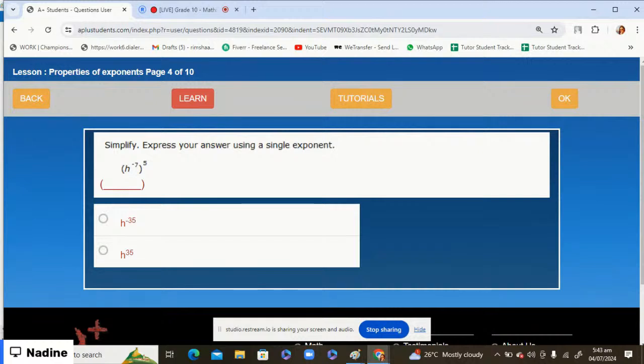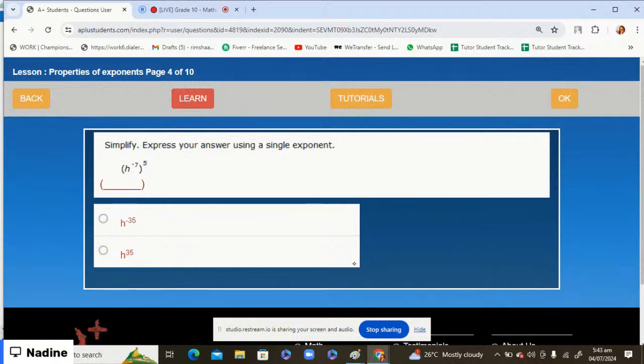Simplify and express your answer using a single exponent. These are all the same, just the power of a power rule. Multiply, but the only thing you need to focus on is this: if there are two negative signs, it becomes positive. But if there is only one negative sign and one positive sign, you write it as a negative sign.